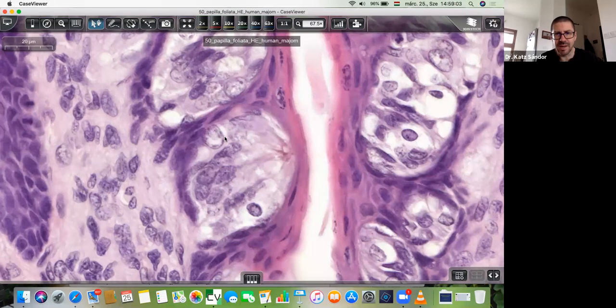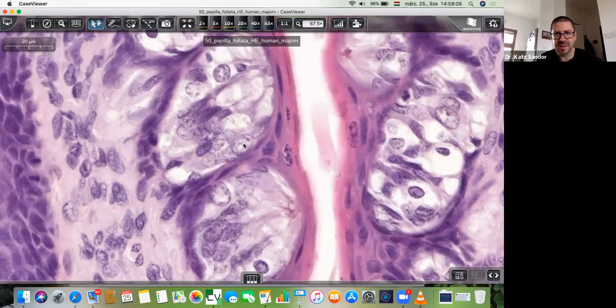The main cells inside, the ones with big nuclei, are the neuroepithelial cells, the actual sensory cells. They sense the components of the saliva, because saliva dissolves the taste molecules and washes these dissolved molecules into the pore of the taste bud.